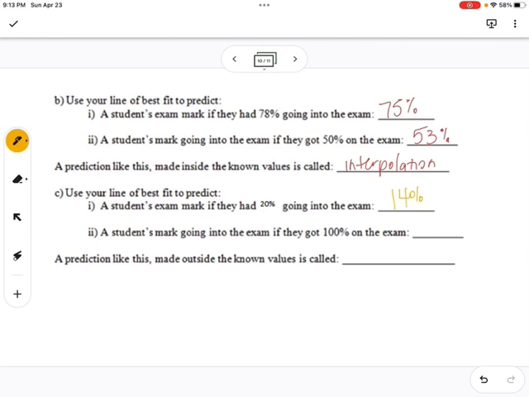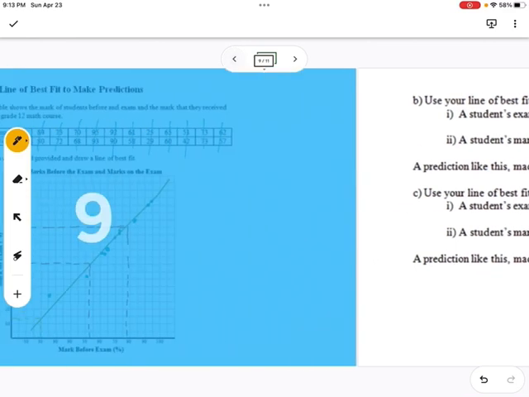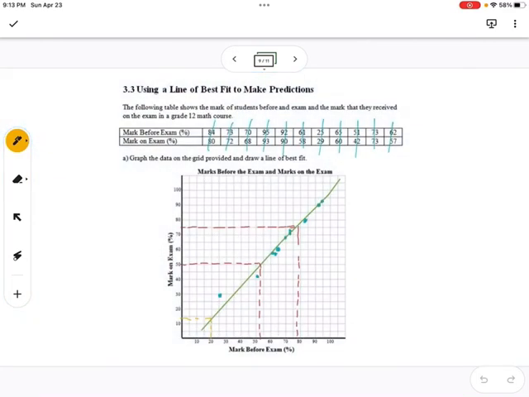And a student's mark going into the exam if they got 100% on the exam. Okay, so starting over here at 100, we can go across to our line of best fit. And we will go down, and we get 100%.